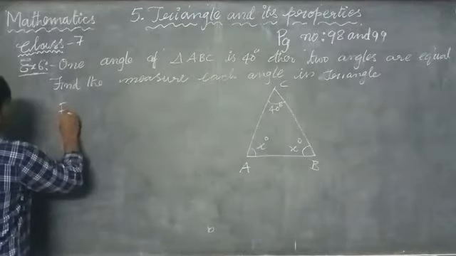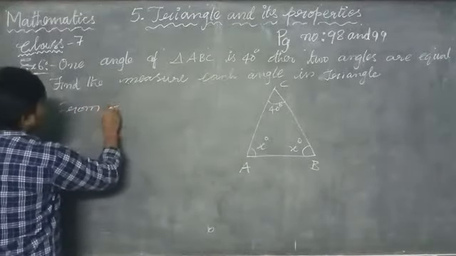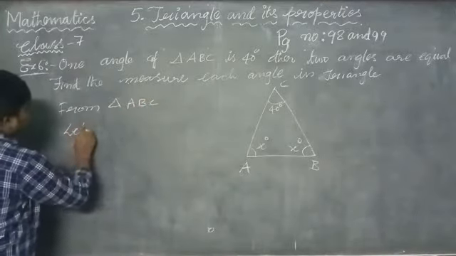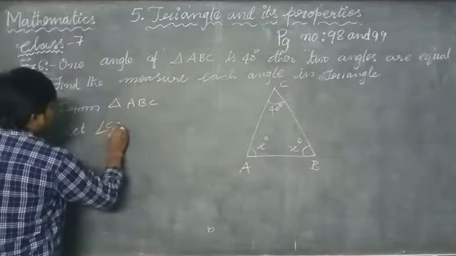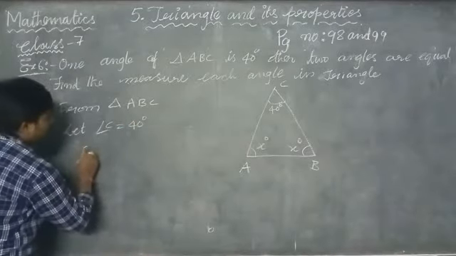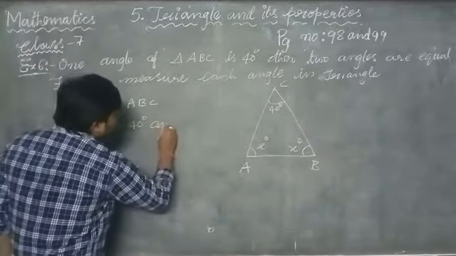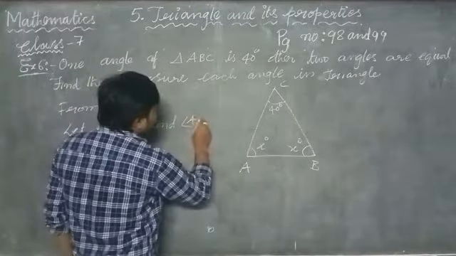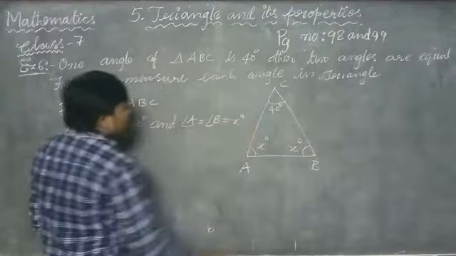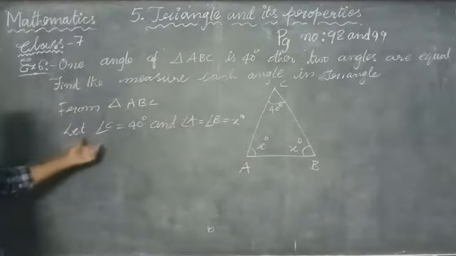From triangle ABC, let angle C equal 40 degrees and angle A equal angle B equal x degrees. This is the given condition.